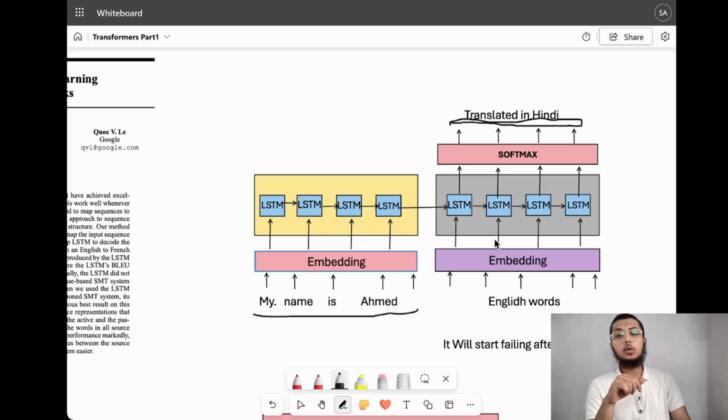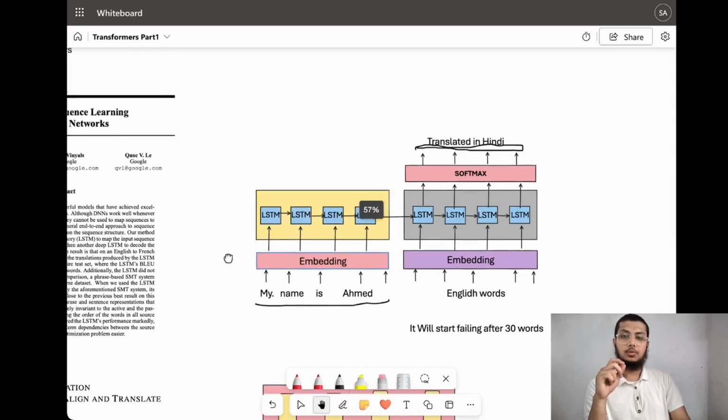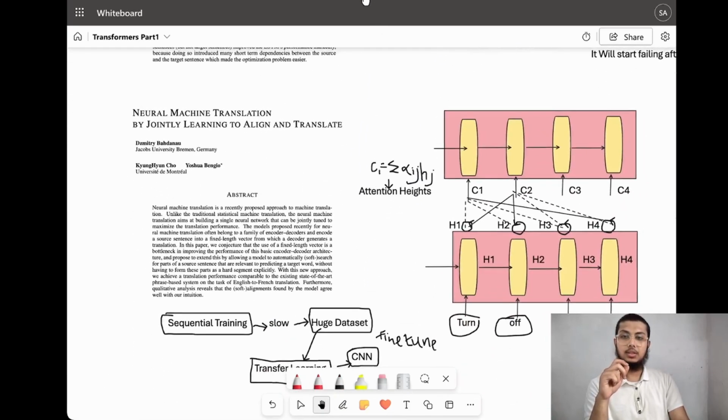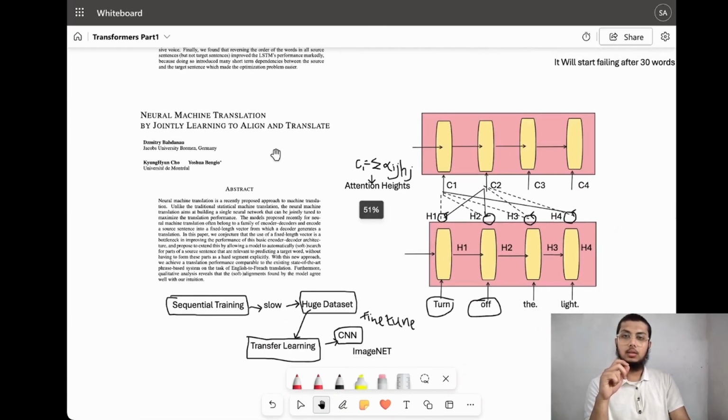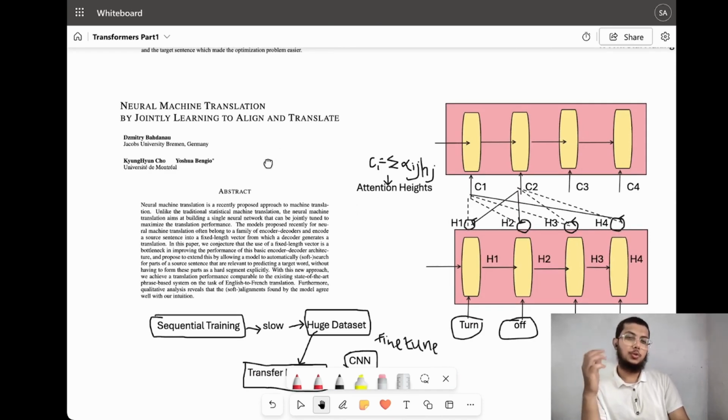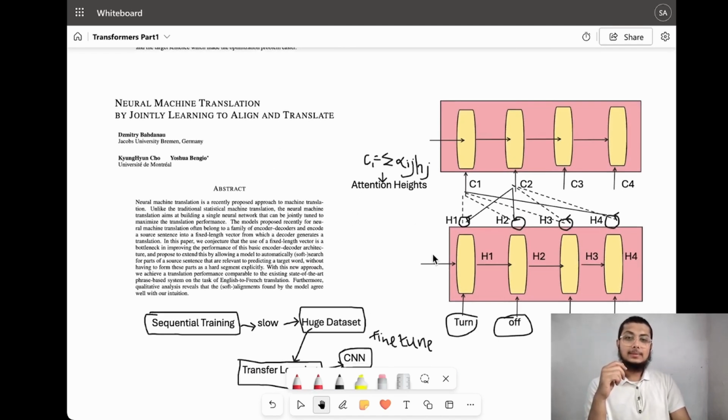Okay, to solve this problem, now the actual thing comes into the story. Another research paper comes, whose name was neural machine translation by jointly learning to align and translate.